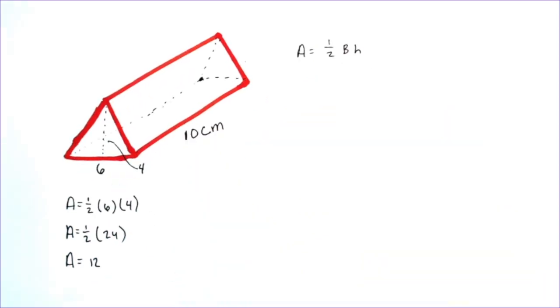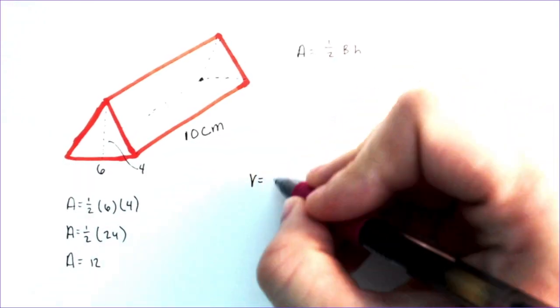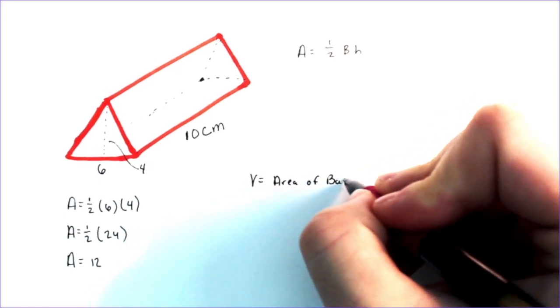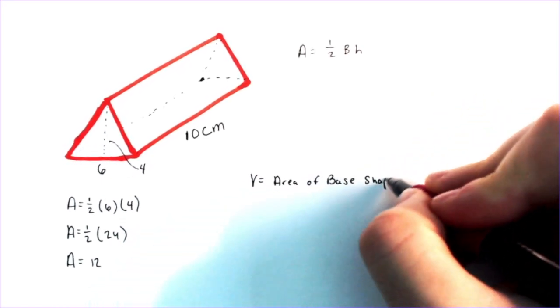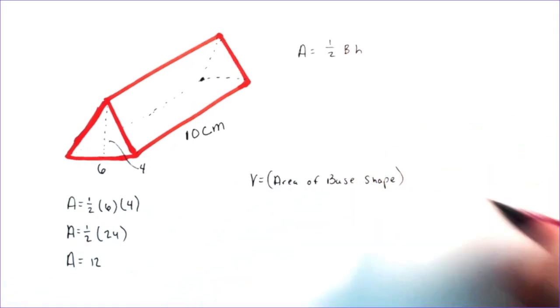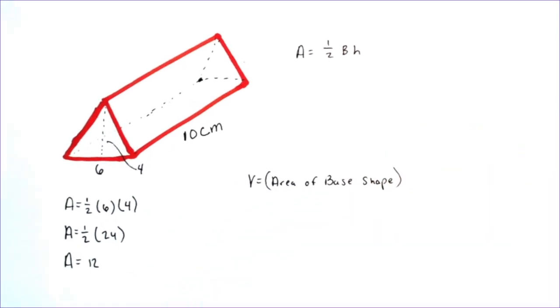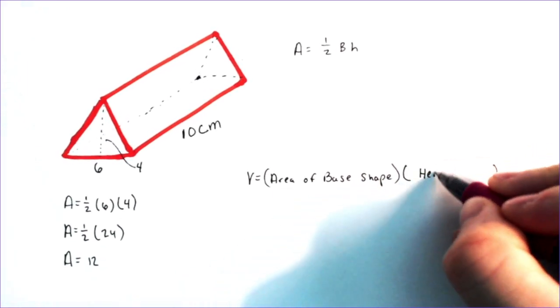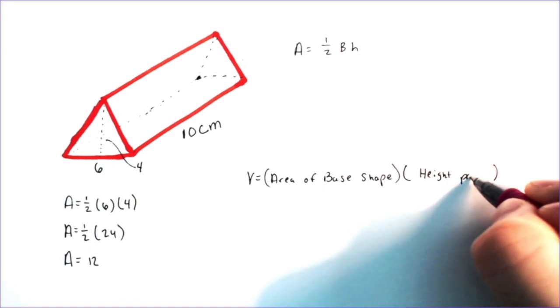All right, so the volume formula for a prism is as follows. It is going to be the area of the base shape, which the base shape is referring to, is it a triangle or rectangle or something more obscure like an octagon, times the height of the prism.